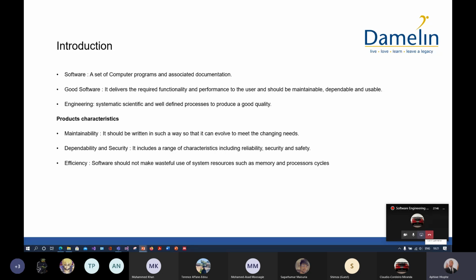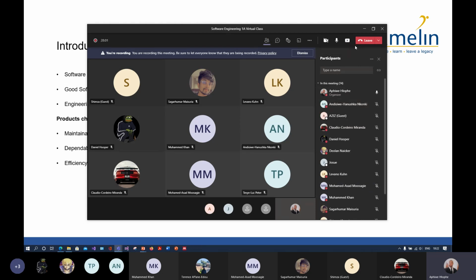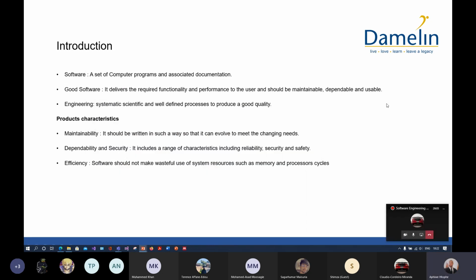So in essence, we say good software is software that meets the user's needs in terms of functionality, and it's maintainable, it's dependable, and it's usable, okay?